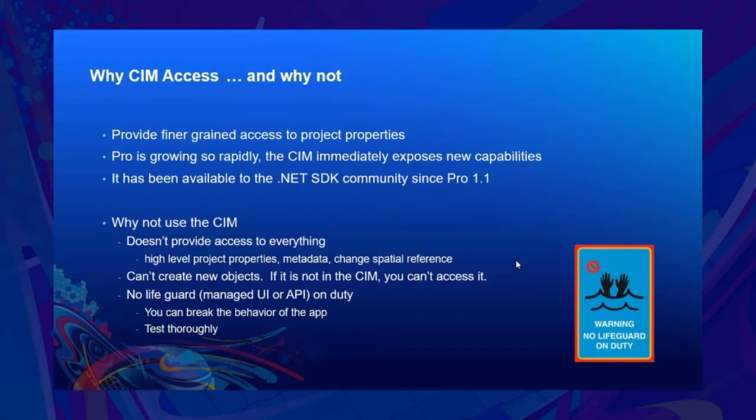One of the most important things is with sim development, there really isn't a lifeguard on duty. With the UI or managed APIs, we protect you from making mistakes or from putting the application into a bad state. So for example, if you're in the user interface and you select an option, and when you select that option, it disables other options, right? Because you can't have both.